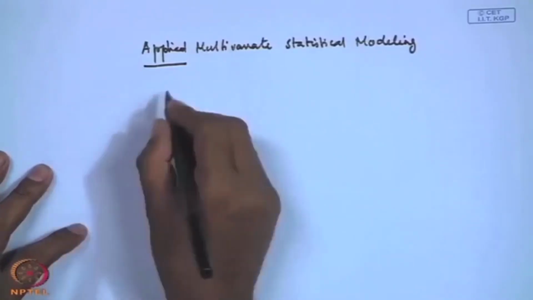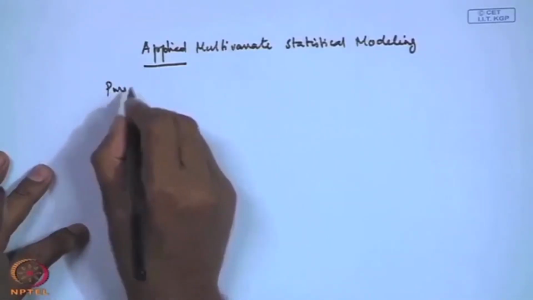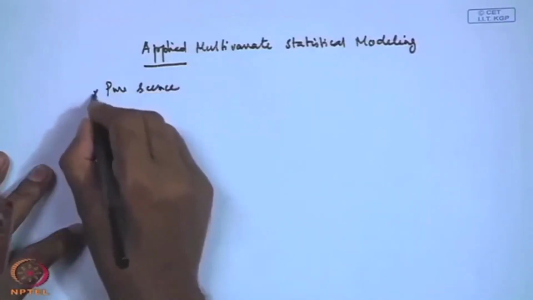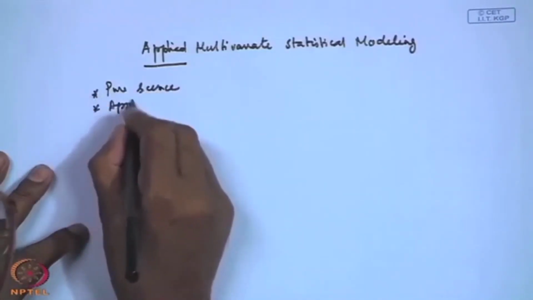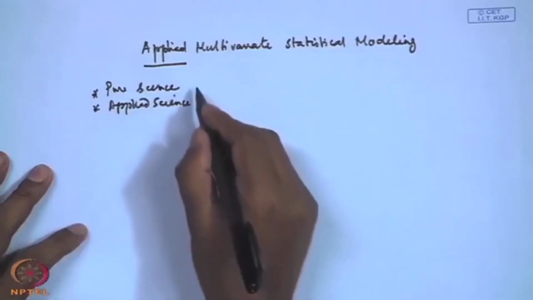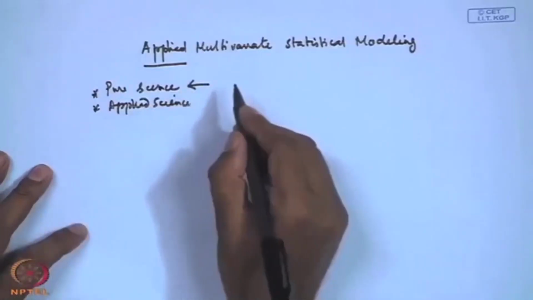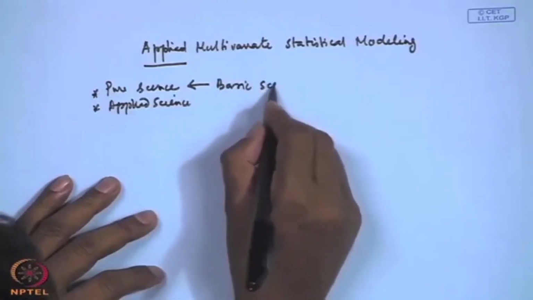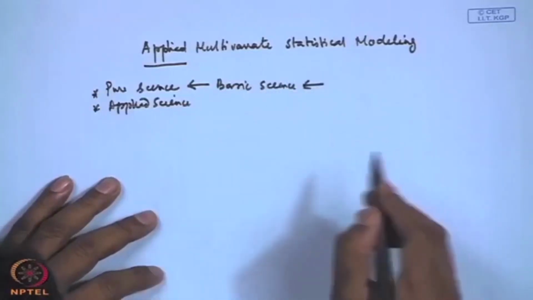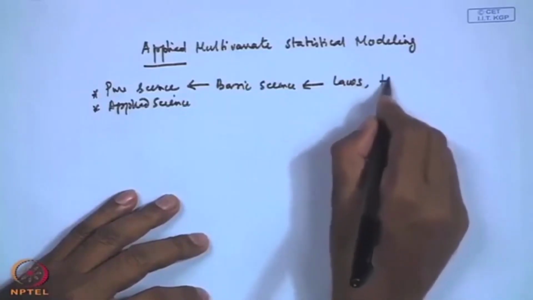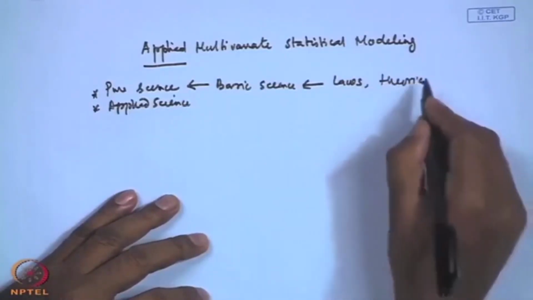In science, there is pure science and applied science. Pure science we generally understand as basic science, which basically talks about laws, theories and their development.